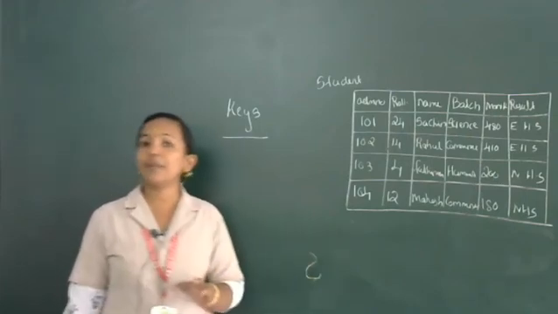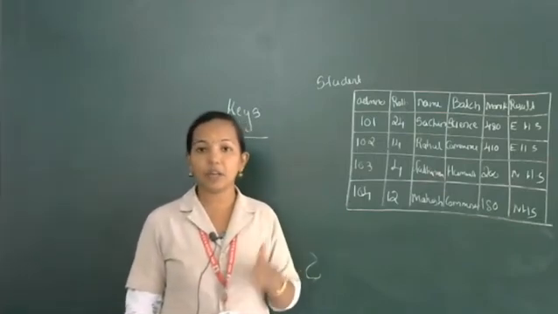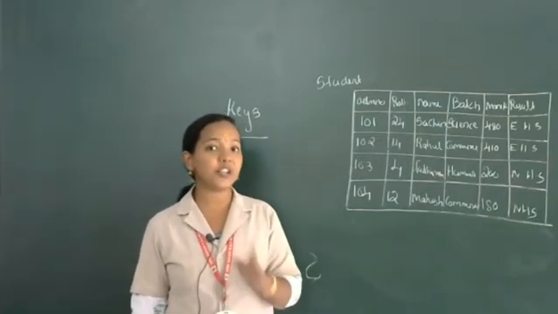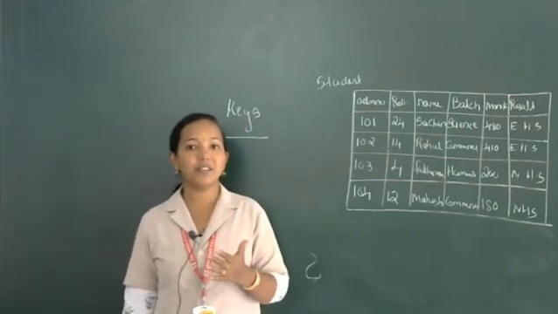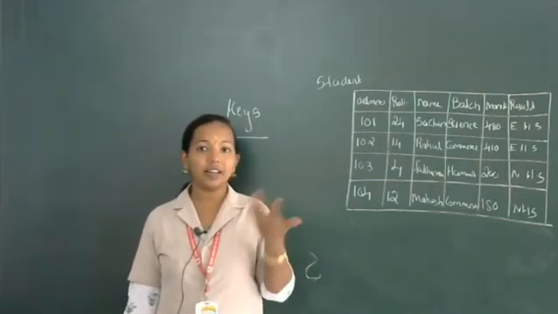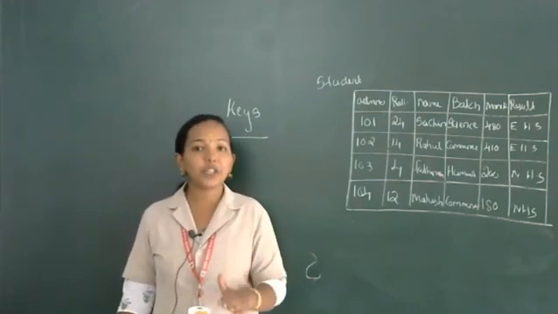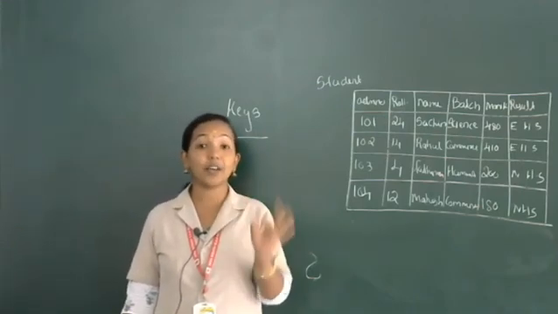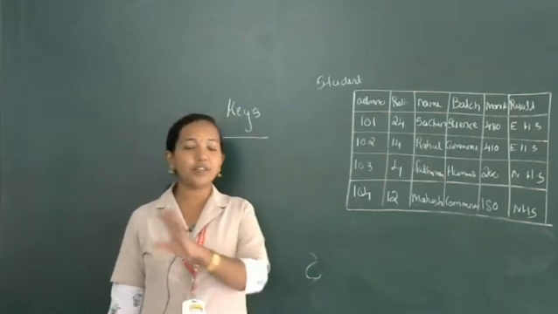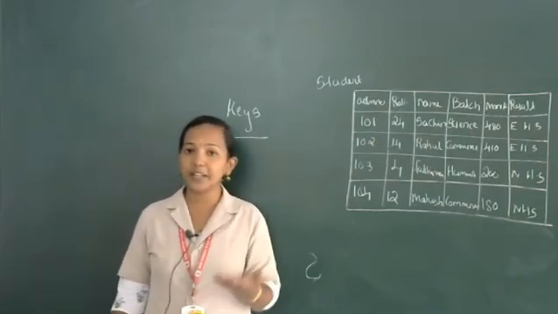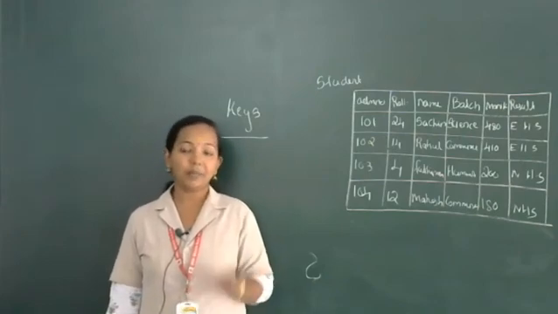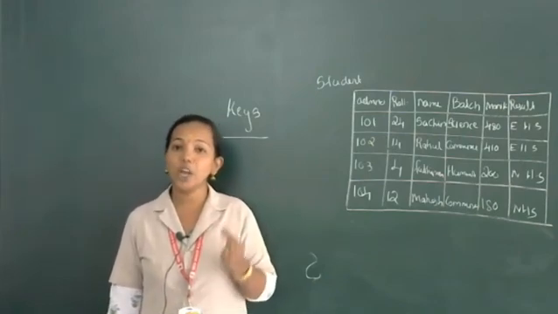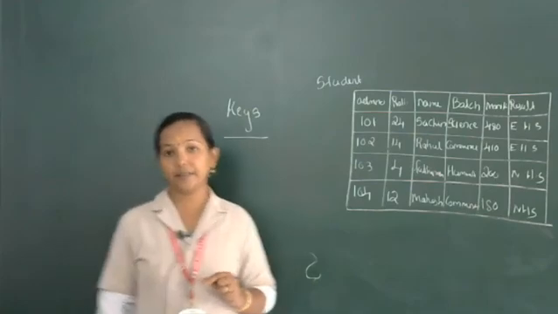You know, for your fee payment we are using the admission number, because there will be no duplication of admission numbers. In every class the roll numbers, that means class numbers, will repeat, like 12, 13. But all the students have their own unique admission number, so there will be no duplication. That's why through ECMS, when you are paying your fees, they ask for your admission number, because the admission number acts as a unique identifier.